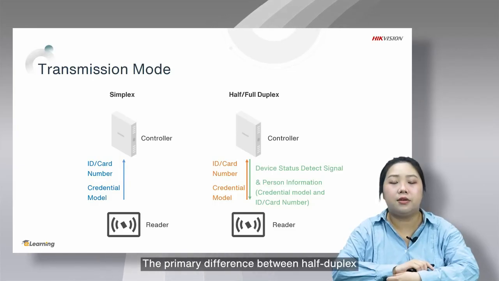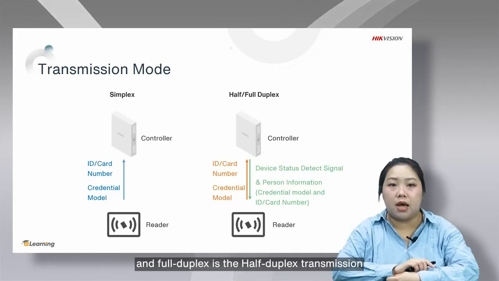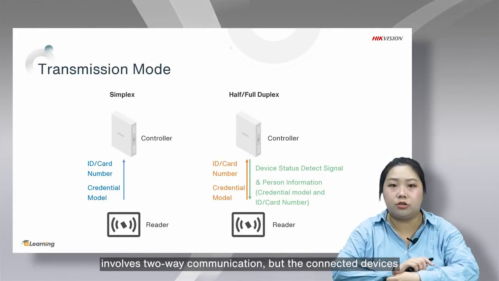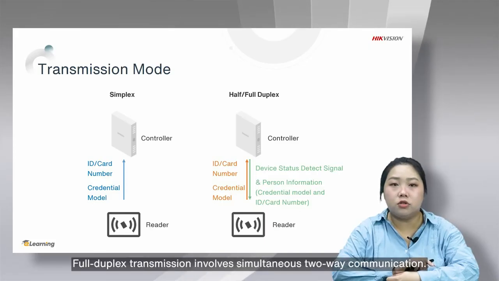The primary difference between half-duplex and full-duplex is that half-duplex transmission involves two-way communication, but the connected devices interchangeably use the channel, and full-duplex transmission involves simultaneous two-way communication.